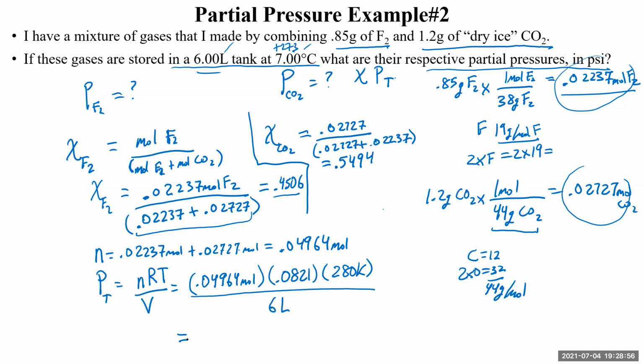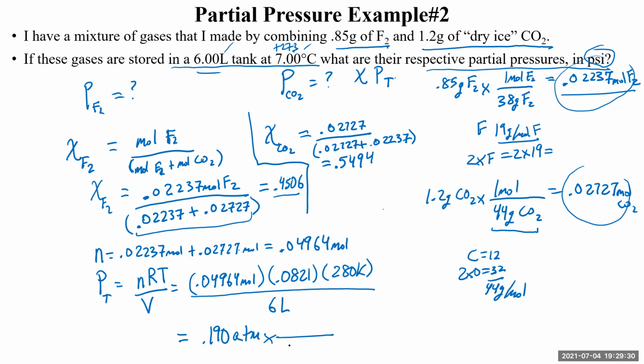So we're going to get our units in atmospheres, which is, oh, I wanted PSI. Well, that's okay. For now, 0.04964 moles multiplied by 0.0821 multiplied by 280 kelvins divided by 6 gets me to 0.190 atmospheres. Okay, that's the total. Since we're already here, let's just go ahead and convert to PSIs.